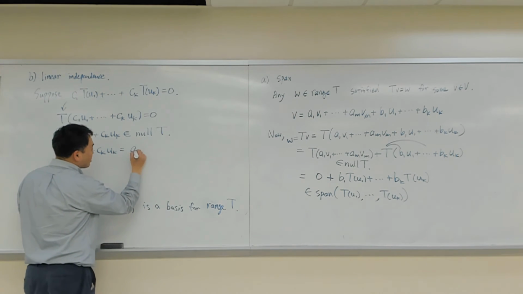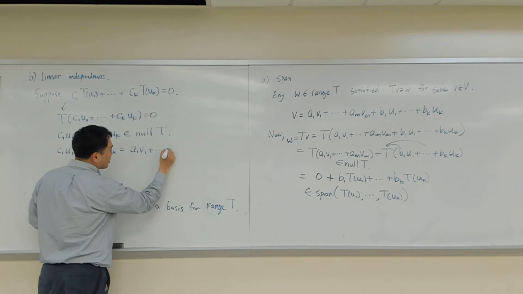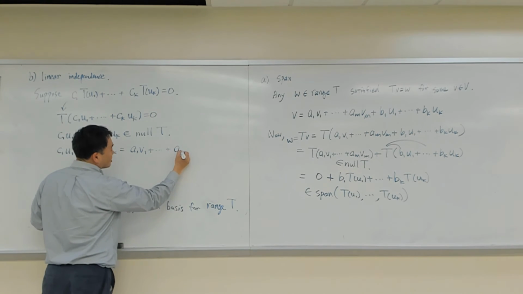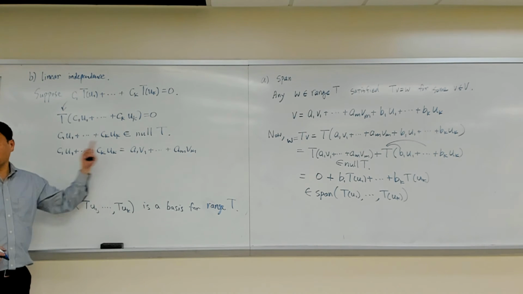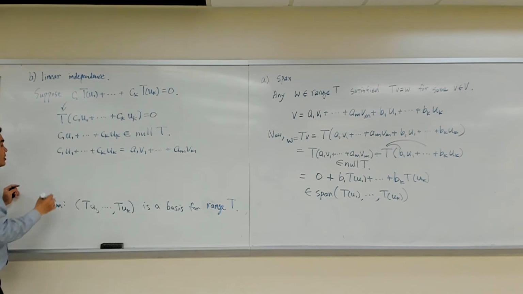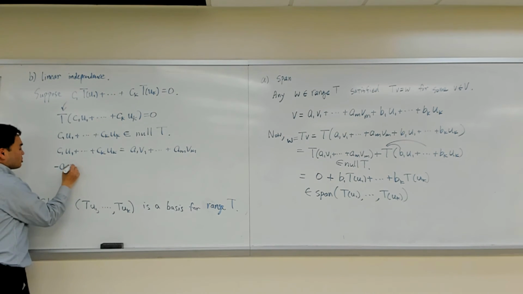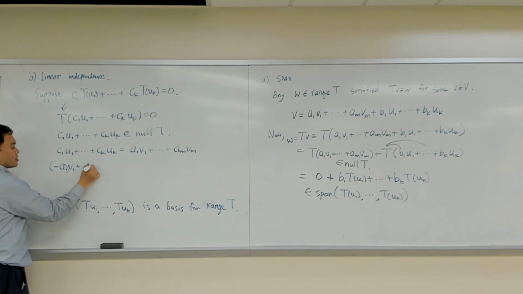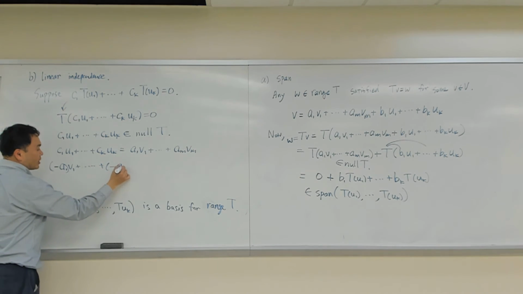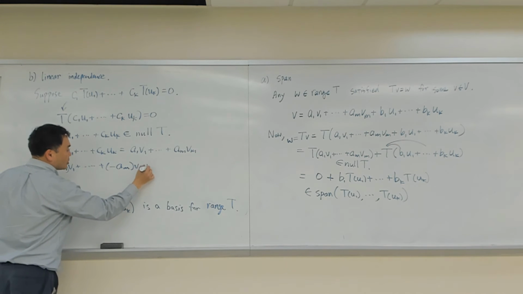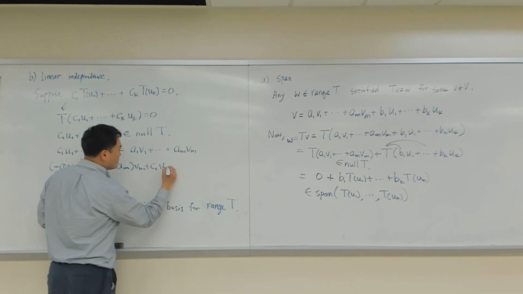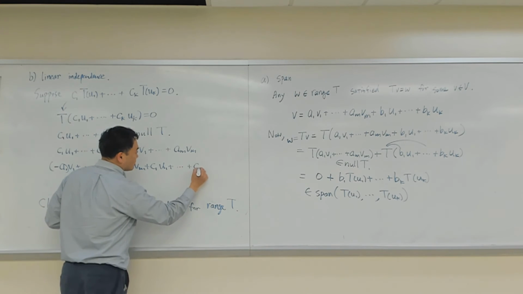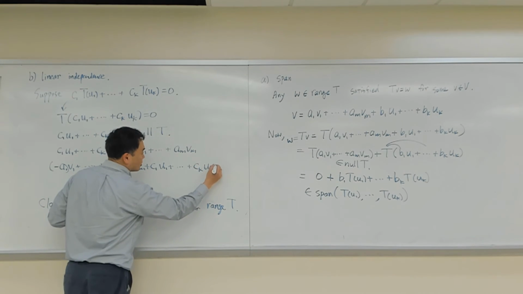So it's A1 times V1 plus and so on, AM Vm. Now move everything to the left side, and now you have negative A1 V1 plus and so on plus negative AM Vm plus C1 U1 plus and so on, CK UK equal to 0.